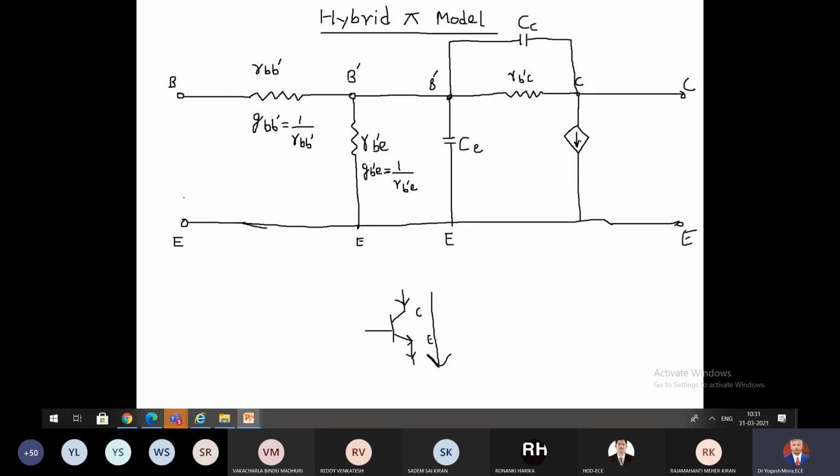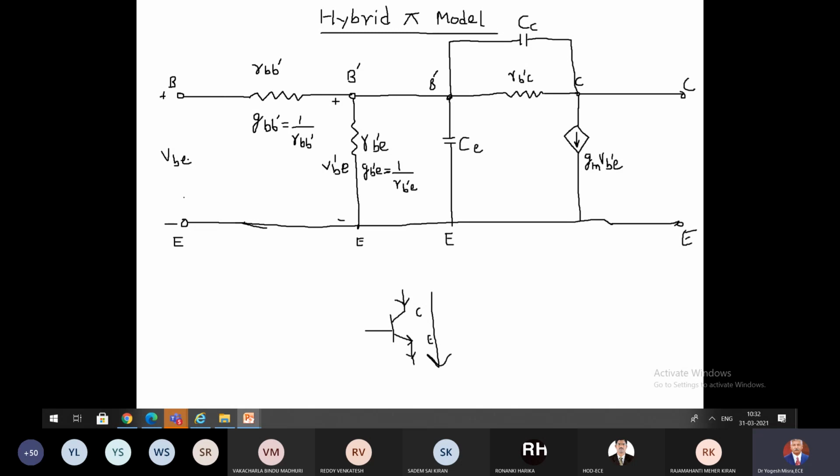It is shown by this current source, and this is a dependent current source, represented by Gm, which is a conductance here, and VB dash E. VB dash E is a voltage which is available here, plus minus VB dash E, and here it is VBE.